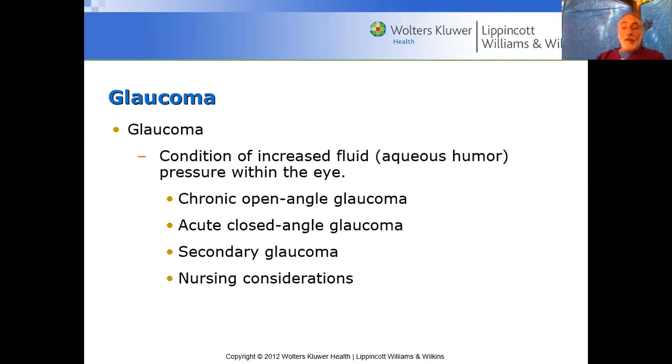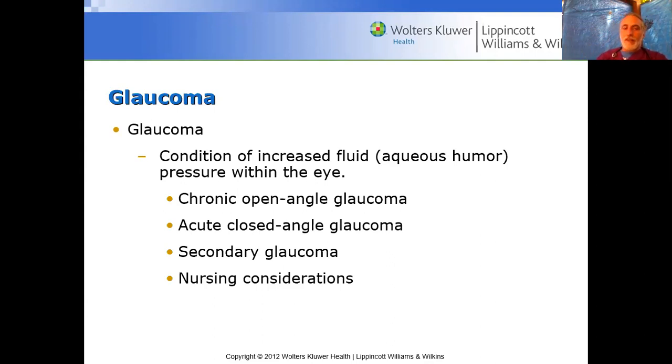And there's just enough fluid in there normally to allow the eyeball to keep its shape, so that the light can focus where it has to, and all the structures are held in place. Now, if that fluid pressure increases, then the patient ends up, one, with a lot of pain, and two, damage to the structures inside the eye.